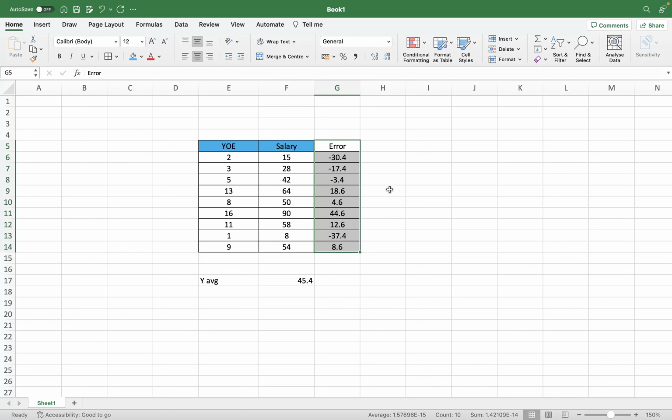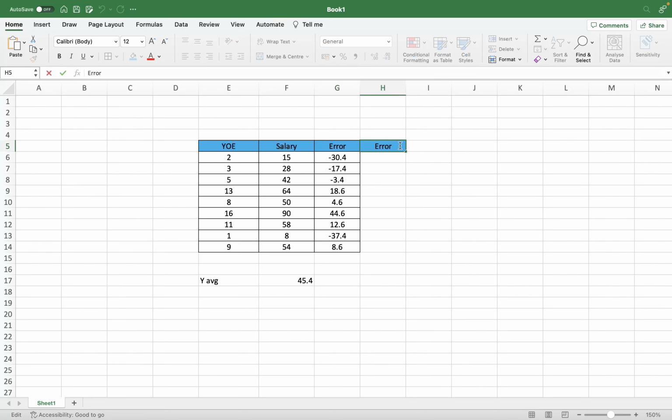Again we'll do this one and this one. Now we'll do control C, control V, and take the error square.